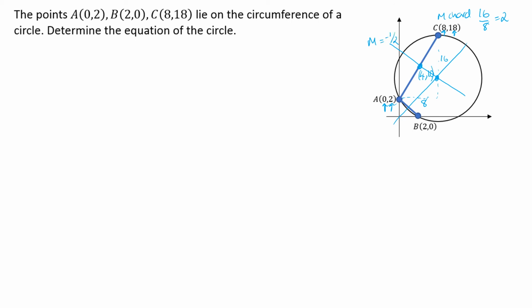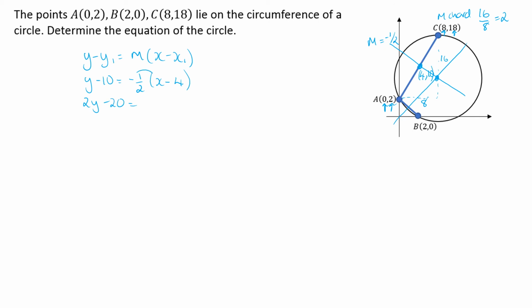So now trying to find the equation of that perpendicular bisector, we can use y minus y1 is equal to m into x minus x1. Using our point 4,10, we've got y minus 10. The gradient is -1/2 times x minus 4. Multiplying by 2, 2y minus 20.